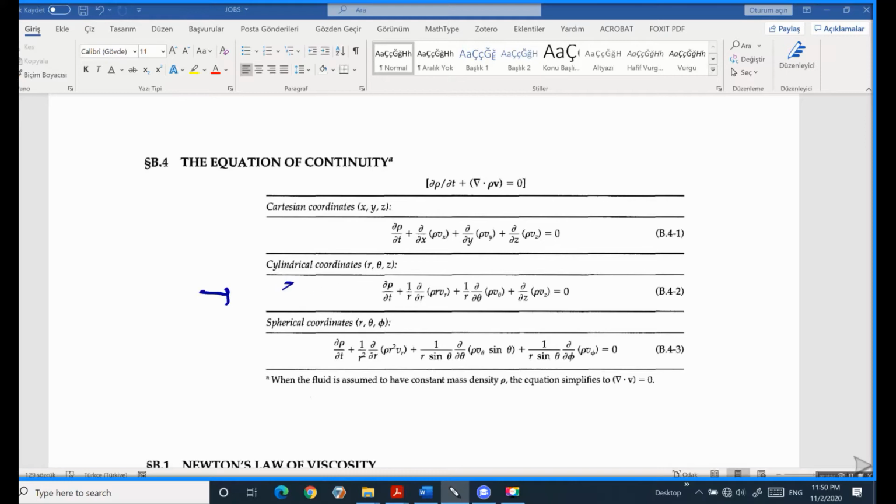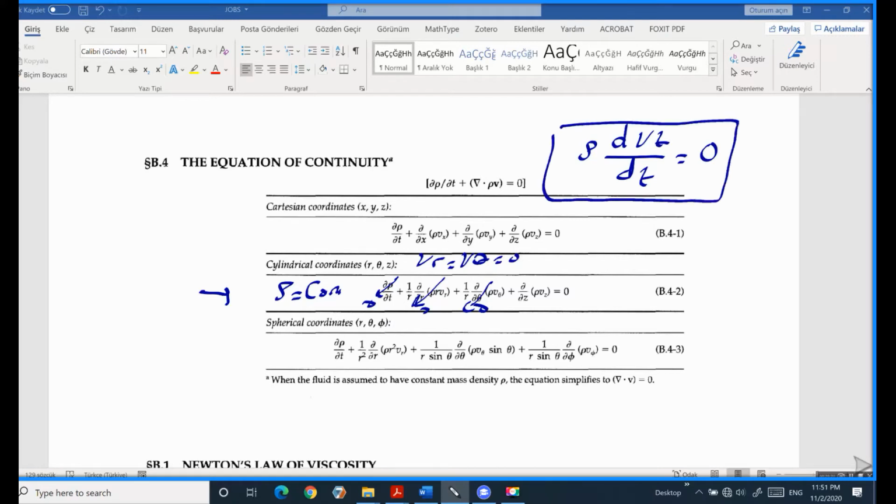Since our rho is constant, this term is going to be 0. Since our Vr and V theta are 0, this term is going to be 0, and this term is going to be 0. Finally, once the rho is constant, we can take it out of the partial derivative. We can write dvz over dz is going to be 0.